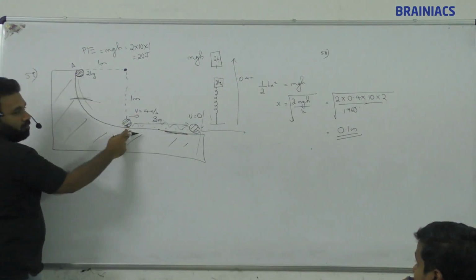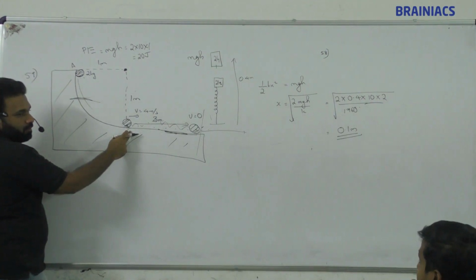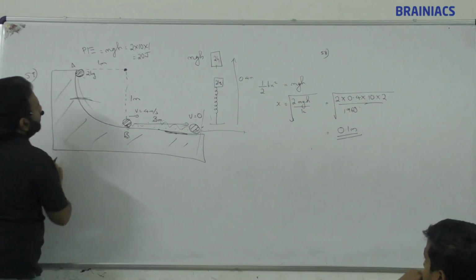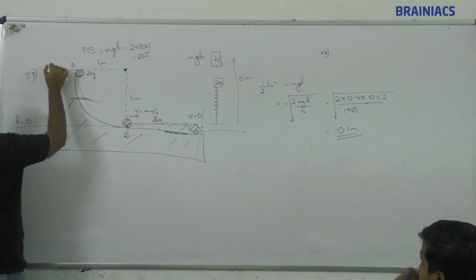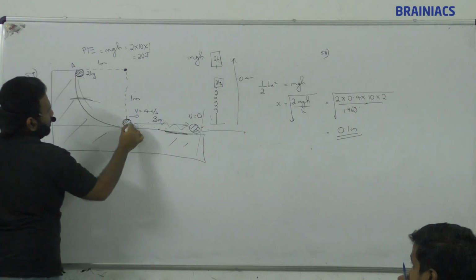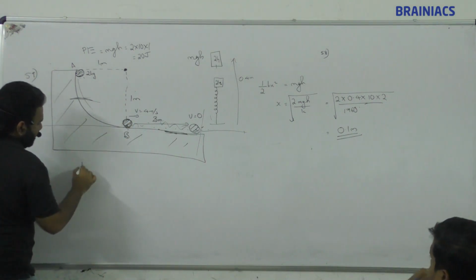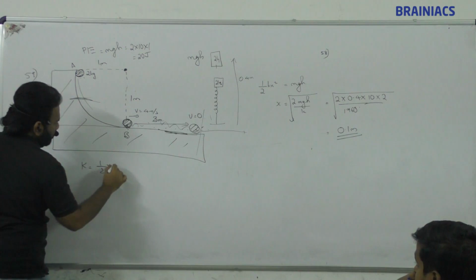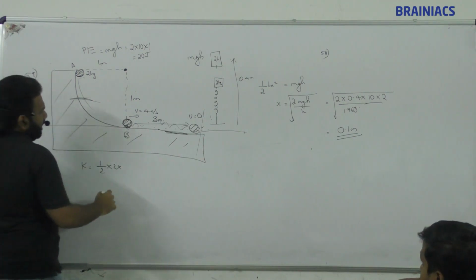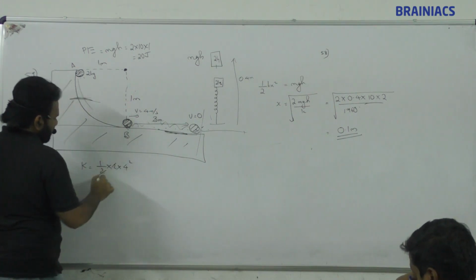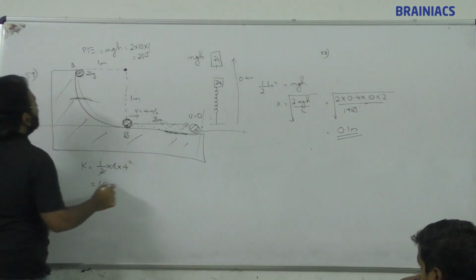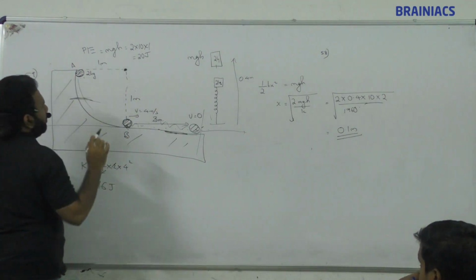Because the problem is that here this is not full kinetic energy. Understood or what? See, suppose we take this as height equal to 0, it is going to be mgh. Now if we calculate the kinetic energy here, it is half into 2 into 4 square, so this is going to be 16 joule, and this is going to be 4 joule.